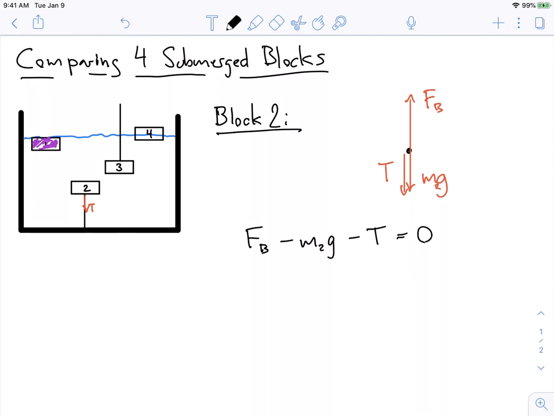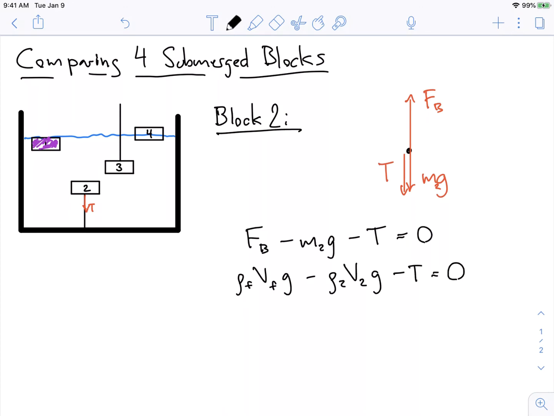So these are all the forces acting on it. You can simplify this a bit. We could write the buoyancy force as the density of the fluid times the volume of the fluid times g, minus the density of block 2 times the volume of block 2 times g, minus the tension is equal to 0.